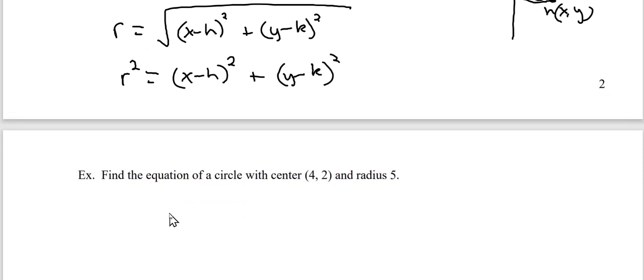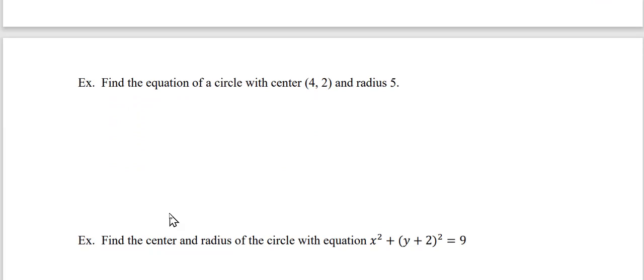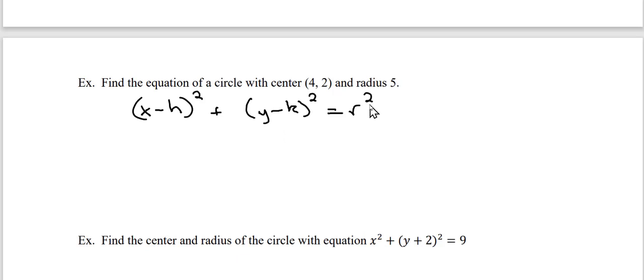Find the equation of the circle with center 4, 2, and radius 5. I'm going to write the standard form of the equation of a circle down. We actually saw that back in a previous unit when we were looking at systems of nonlinear equations and inequalities.